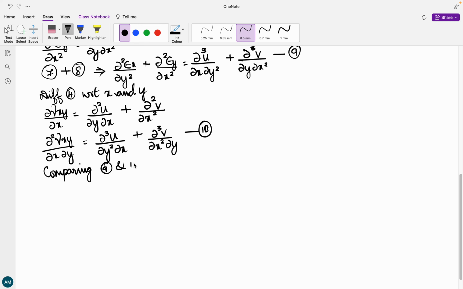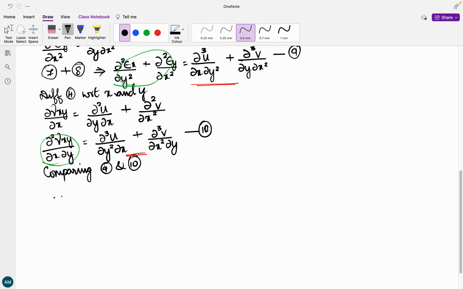equation 9 and 10. See here, equation 9, ∂³u divided by ∂y²∂x plus ∂³v divided by ∂x²∂y. These two are equal. I can write this part of the equation in equation 9 is thus equivalent to this part of the equation in equation 10.